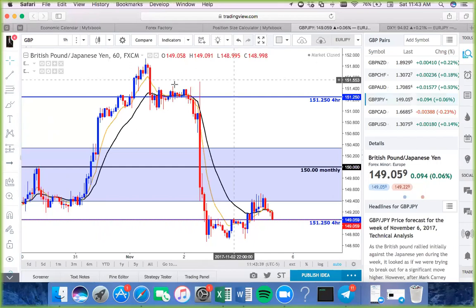You can do this on your phone. You see this OHLC acronym right here. You can put this on your MetaTrader also. It stands for open, high, low, close.